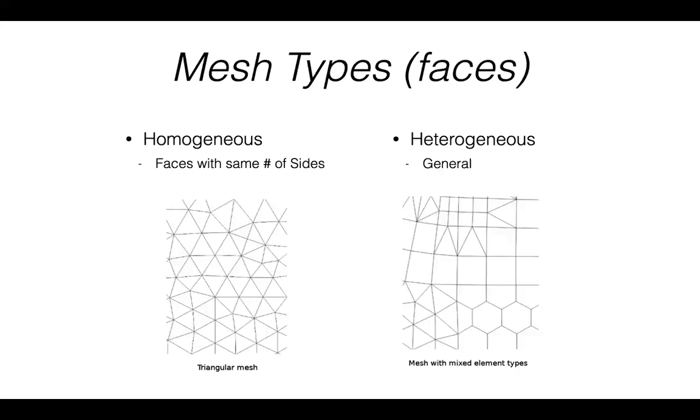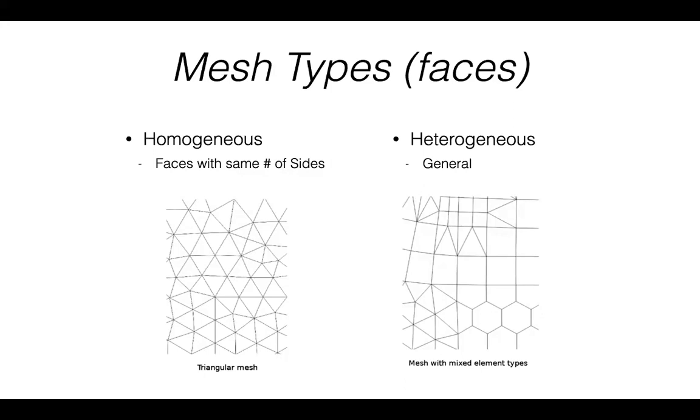And considering the faces, this is related to the regular tilings and semi-regular tilings. You have homogeneous meshes and heterogeneous meshes. In the homogeneous case, the mesh is composed of the same type of face. Like a triangular mesh, where all the elements, all the faces are triangles.